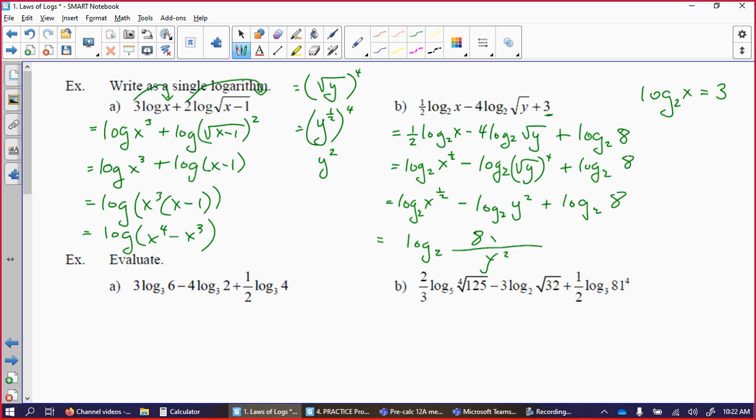I would say 8x to the 1/2, or if you wanted to use radicals, log base 2 of 8 root x over y squared.